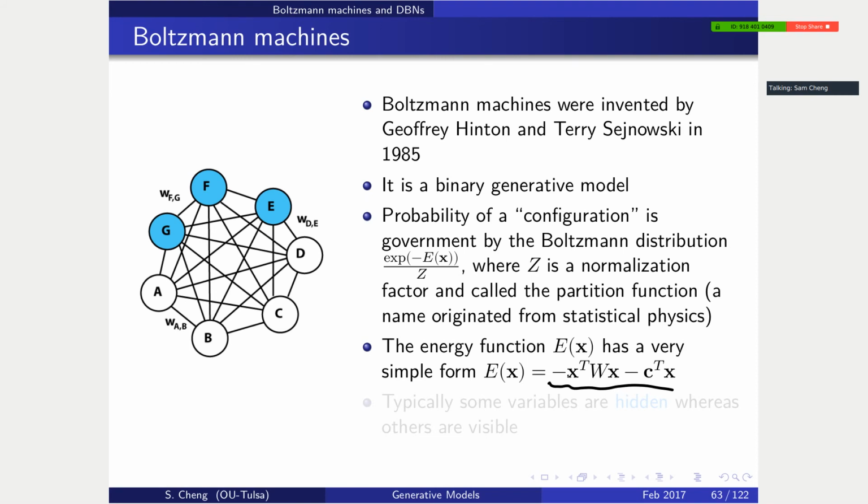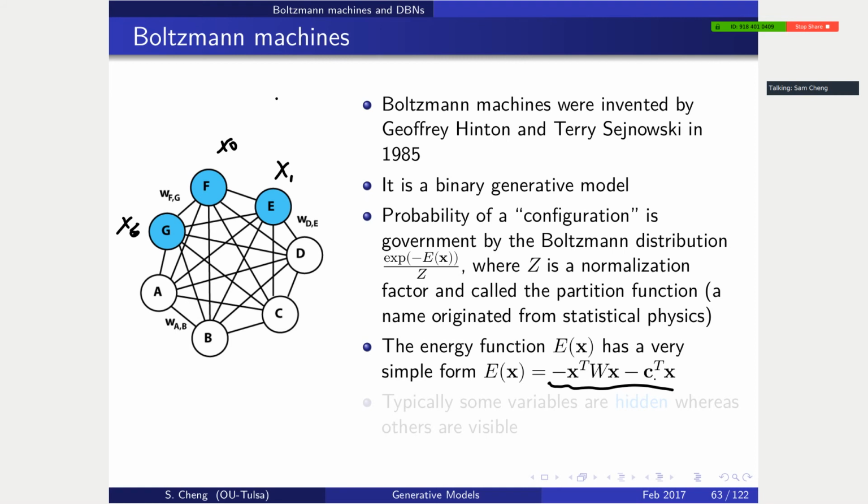In this case I have 7 nodes, so x will be a 7 by 1 vector, x0, x1 up to x6. W defines the node-to-node, second-order correlation, the energy coupling.